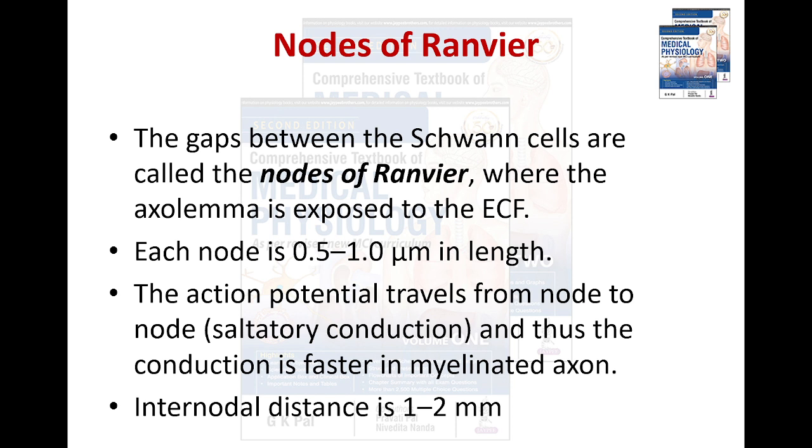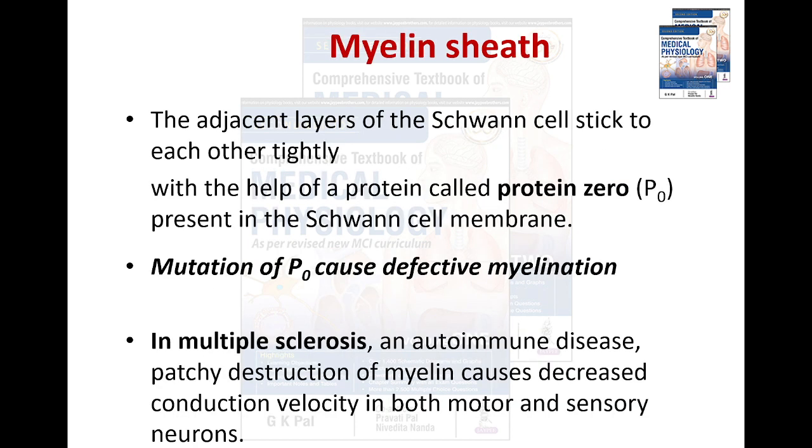The gap between the Schwann cells is called the nodes of Ranvier, where the axolemma is exposed to the ECF. Each node is 0.5 to 1.0 micrometers in length. Action potential travels from node to node, called saltatory conduction, and thus conduction is faster in myelinated fibers.